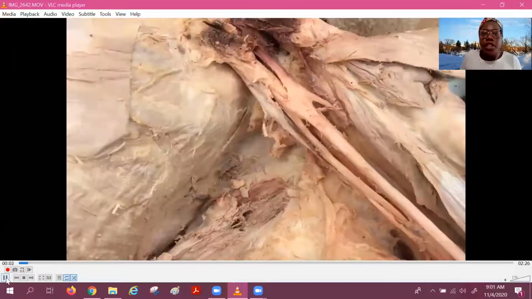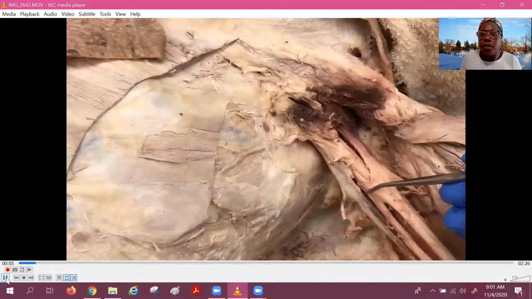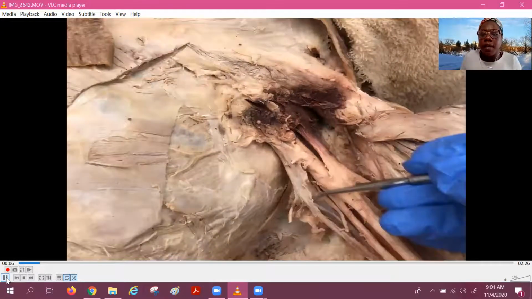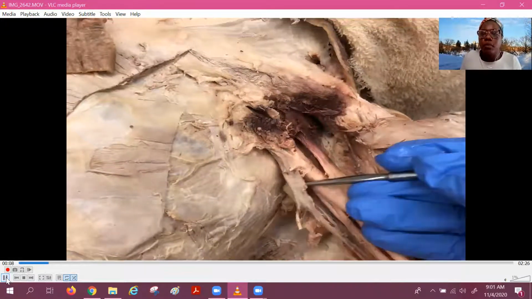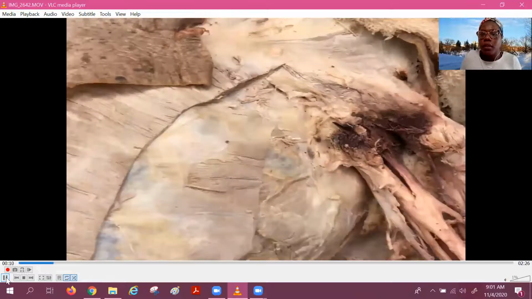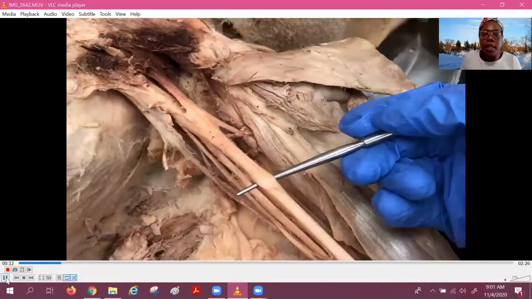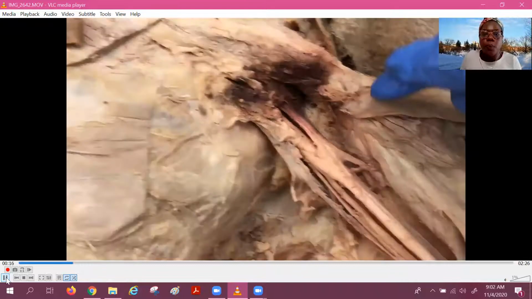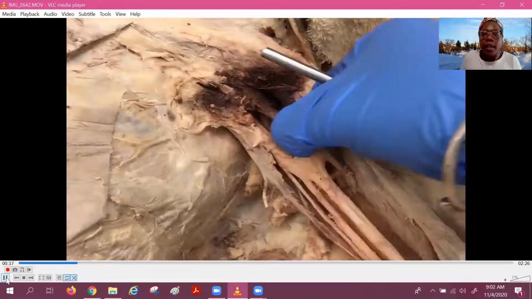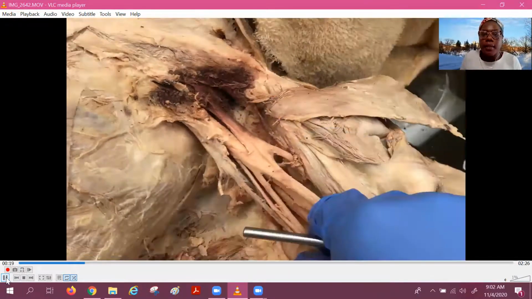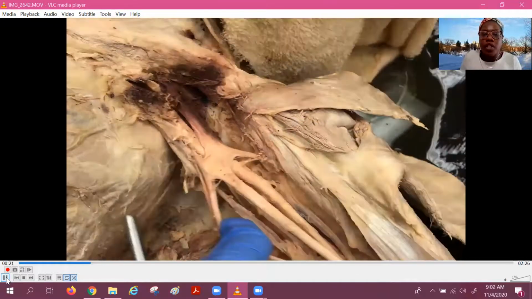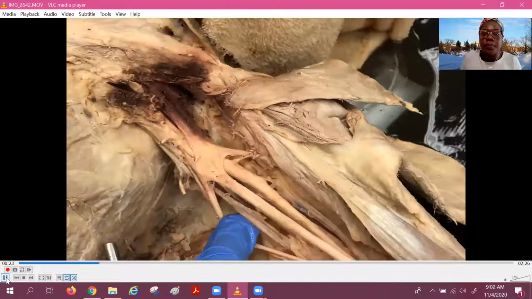Here we can appreciate a slightly different view, similar structures. So again, we've got that vein. We've got the nerve, the median nerve specifically here. And then we've got the medial branch of that M, which is the ulnar nerve.